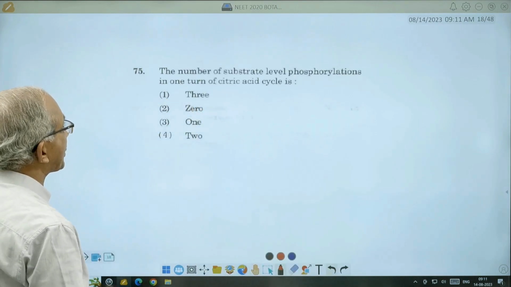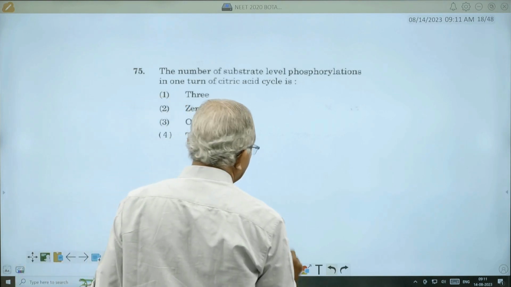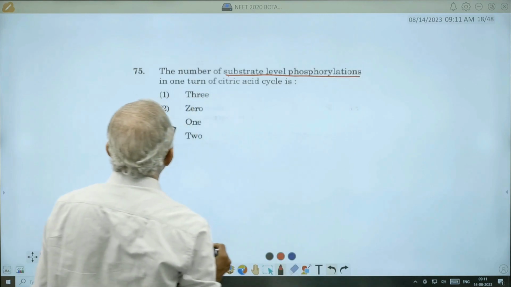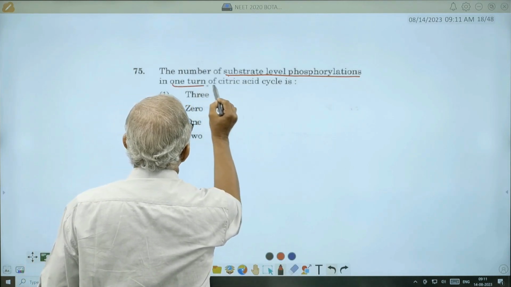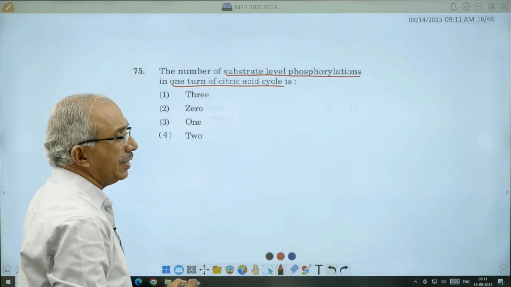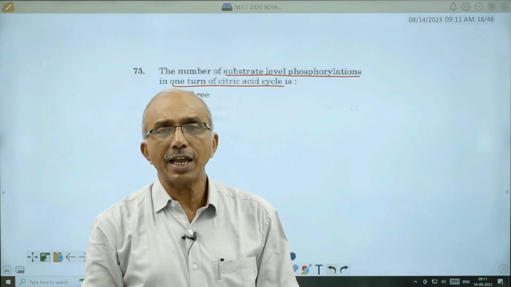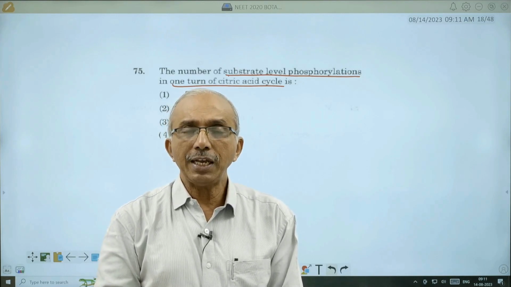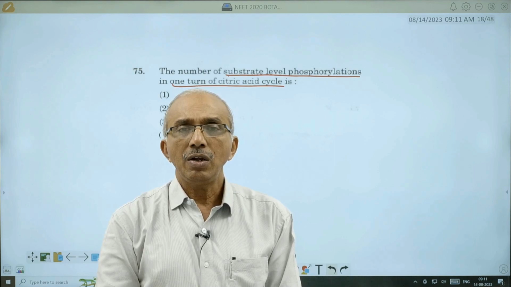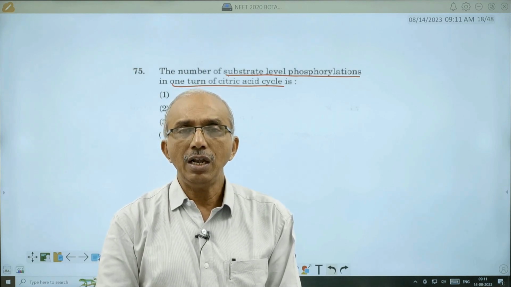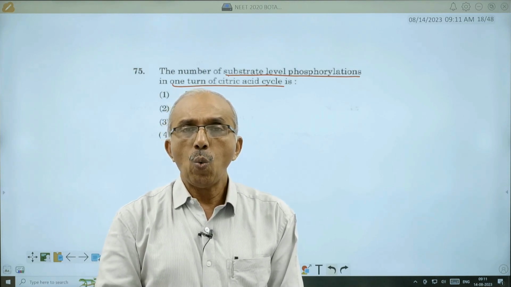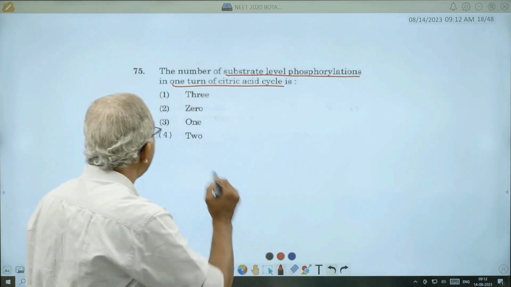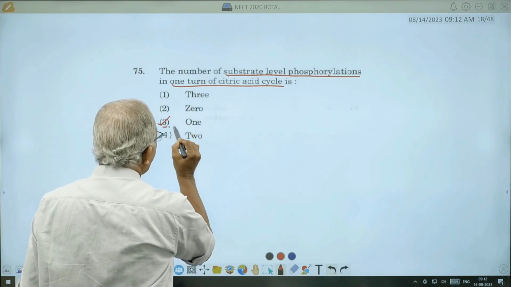Number of substrate level phosphorylation in one turn of the citric acid cycle. In the citric acid cycle, that is the TCA cycle, tricarboxylic acid cycle, or Krebs cycle, one substrate level phosphorylation occurs.